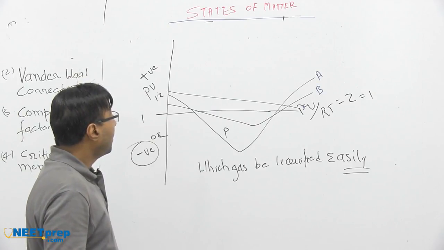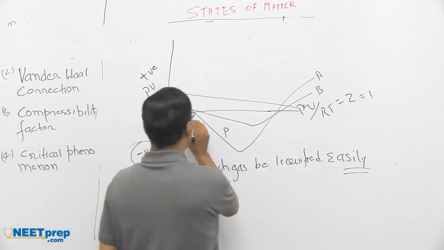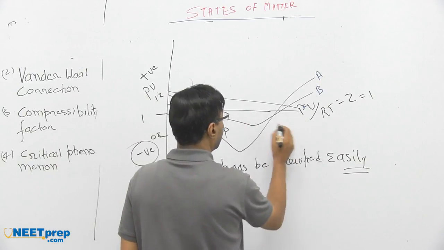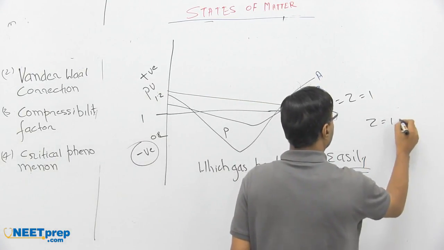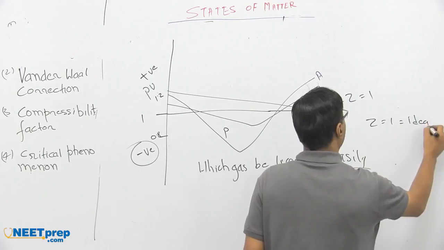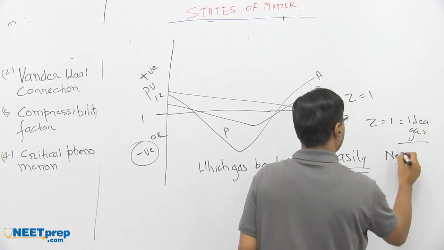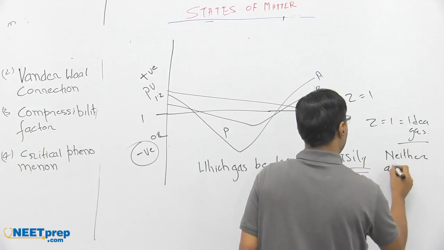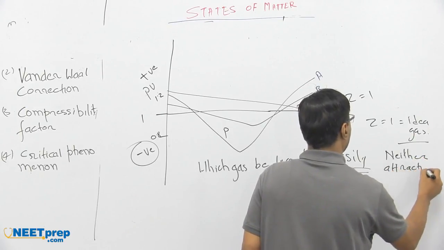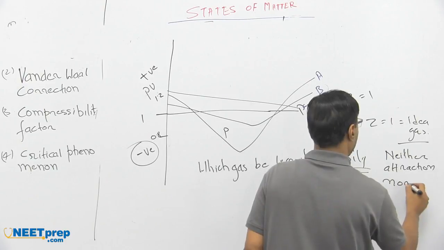So as I told you last time, Z is equal to 1 for an ideal gas. It means neither attraction nor repulsion.